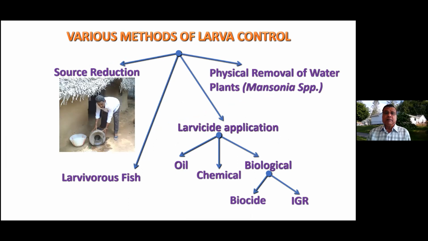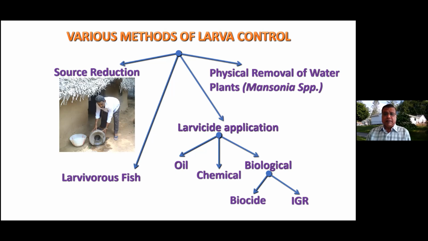So these are the methods for larva control. The main thing is source reduction, larvivorous fish, physical removal of water plants, especially for Mansonia, which is a vector for filariasis. In India, we have certain pockets of Mansonia, especially the state of Kerala, where we have a Mansonia problem.